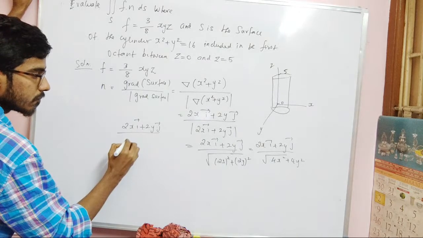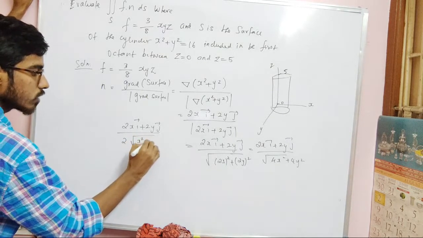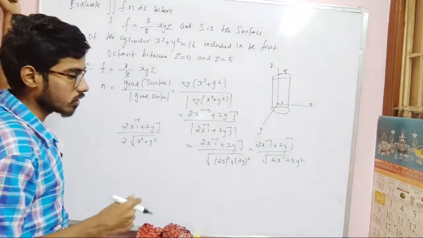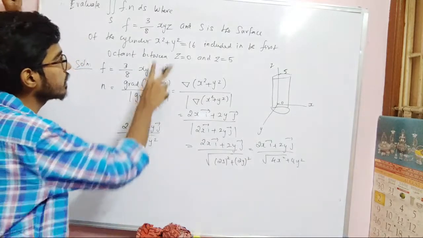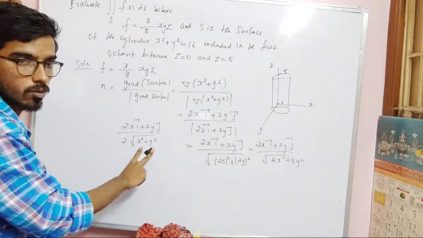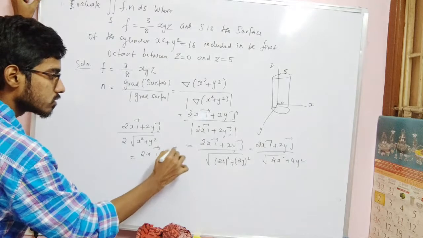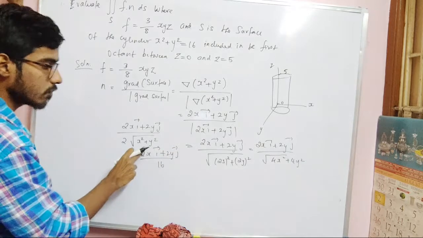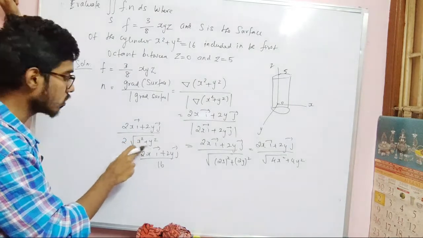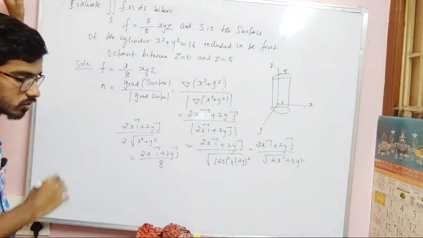Now I can write that term as 2 times the square root of x square plus y square, right? I can take root 4 outside. The given x square plus y square is equal to 16, so if we substitute 16 here, root 16 is 4. So overall we have 2x i vector plus 2y j vector by 8, since 4 into 2 is 8.